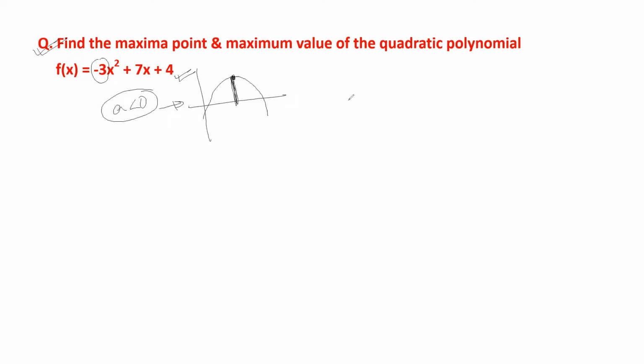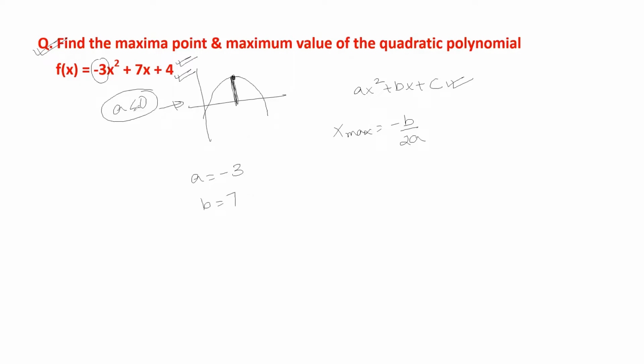And we know that for a standard quadratic polynomial ax squared plus bx plus c, the maxima point x is given by minus b upon 2a. So if we compare this standard quadratic polynomial with this quadratic polynomial, in that case, the value of a would be minus 3 and the value of b would be 7.